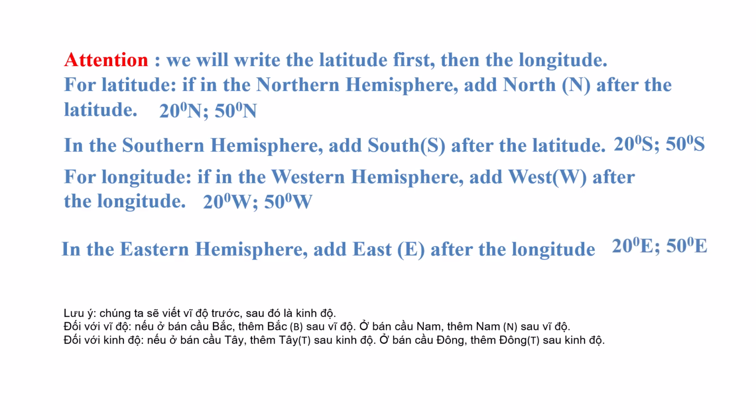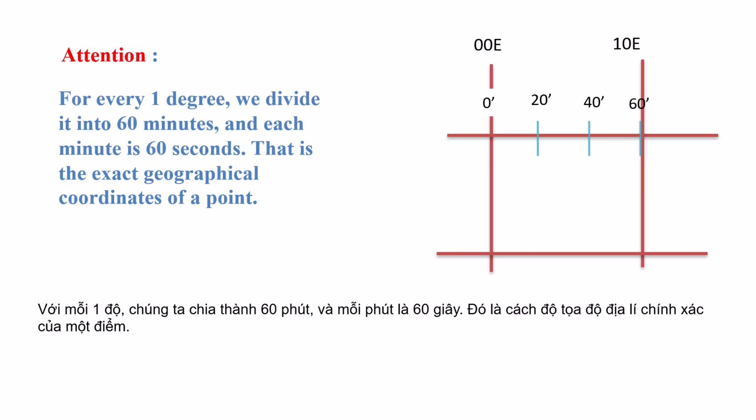Example, 20 degrees east, 50 degrees east. And notations: for every 1 degree, we divide it into 60 minutes, and each minute is 60 seconds. That is the exact geographic coordinates of a point.